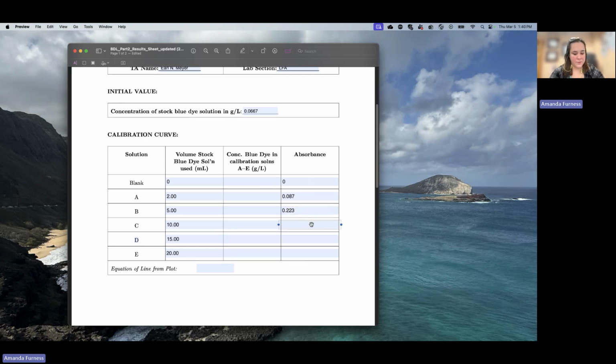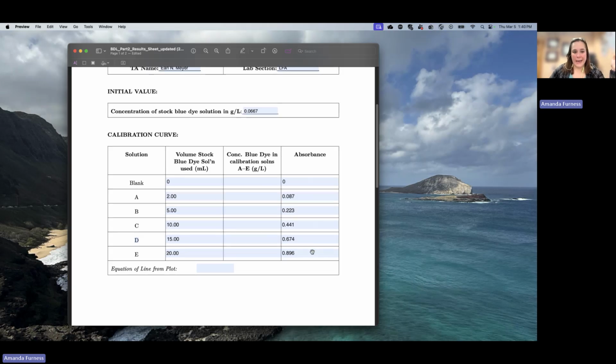These are the values that the UV-vis, or the spectrophotometer, recorded when you were analyzing your samples. And 0.674, and the last one 0.896. Again, these are just the example ones that I have.